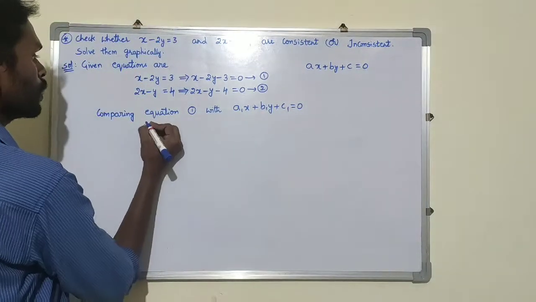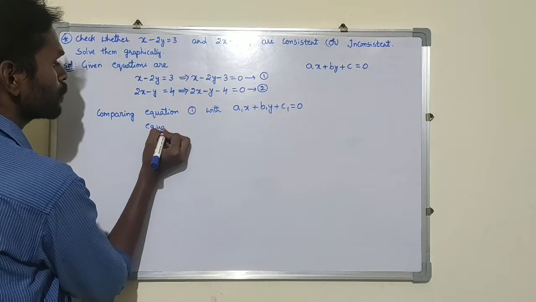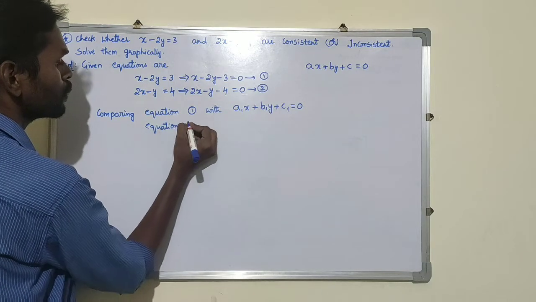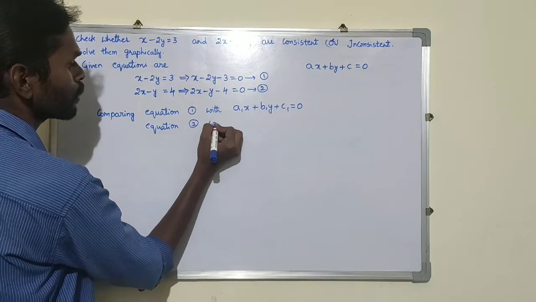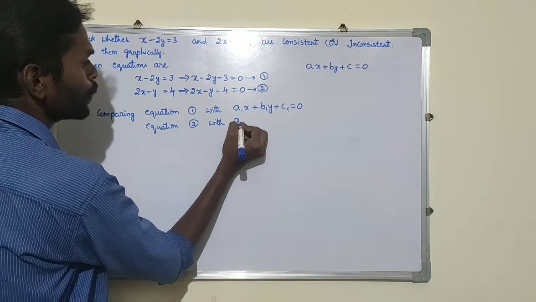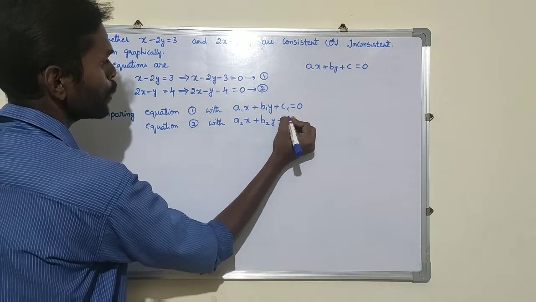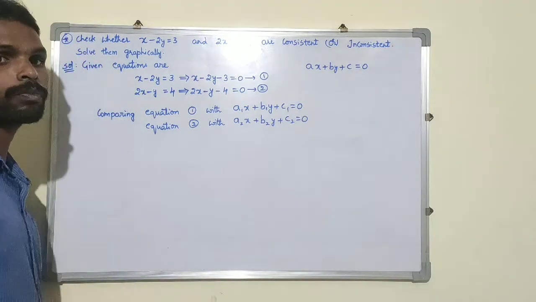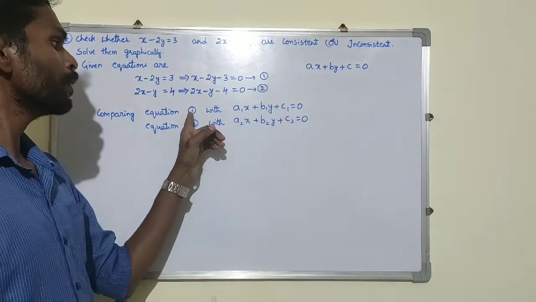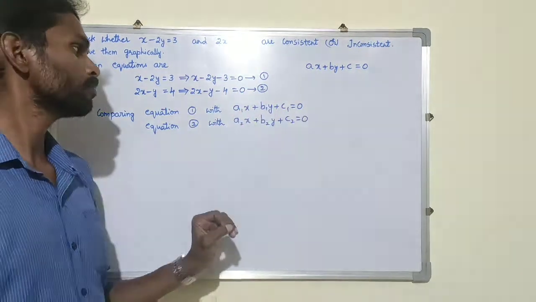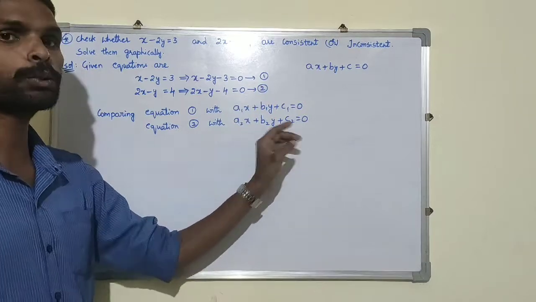Similarly, equation 2 with a2x plus b2y plus c2 equal to 0. See, for equation 1, I use suffix 1, 1, 1. For equation 2, I use suffix 2, 2, 2.